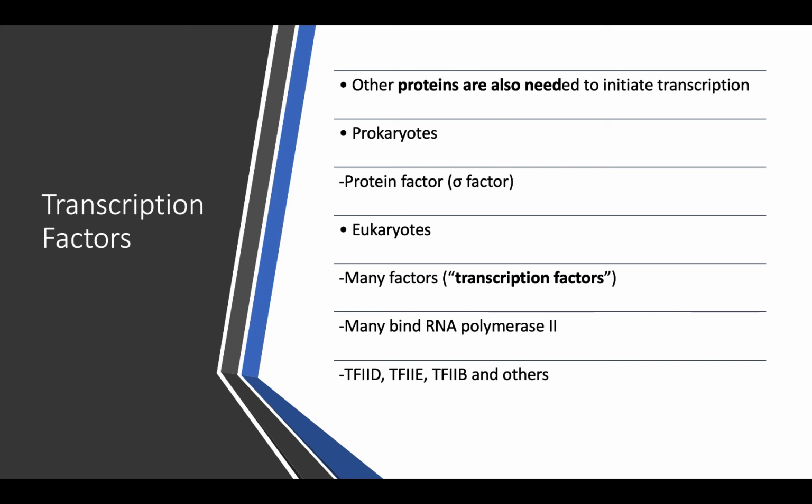You see the name TF, for transcription factor, 2D, 2B, 2E, whatever. All of these bind the polymerase that transcribes the mRNA, so only polymerase 2, and then they initiate transcription.